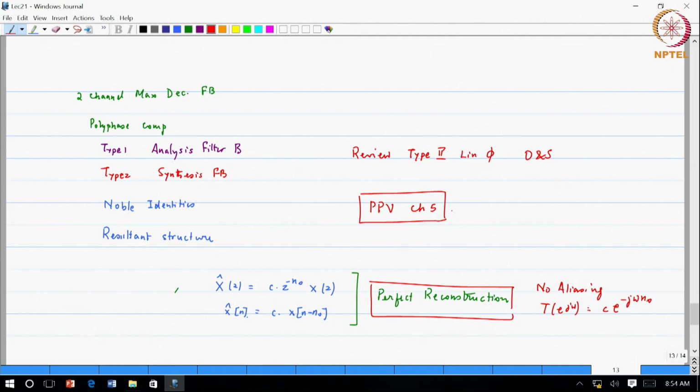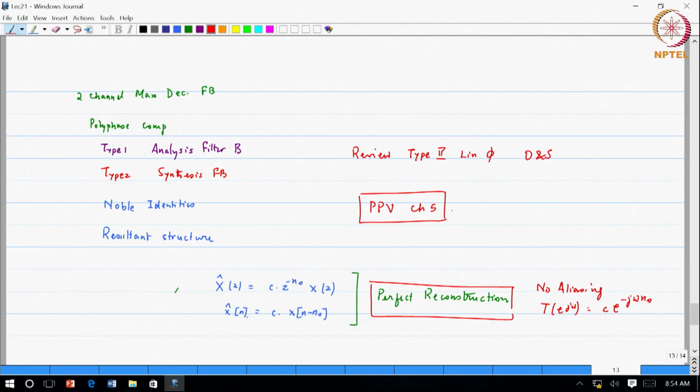You do polyphase components with the following constraint: do type 1 for the analysis filters, analysis filter bank, you do type 2 for the synthesis filter bank, and then apply the noble identities, because it will lend itself to applying the noble identities and obtain the simplified resultant structure.